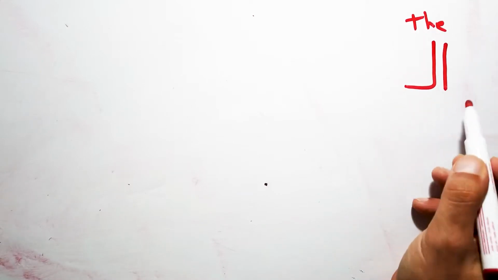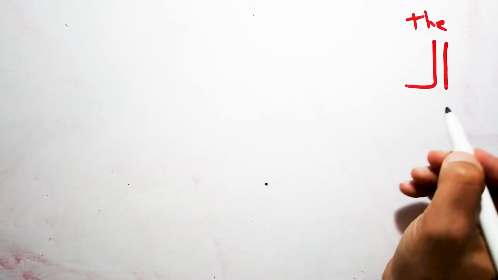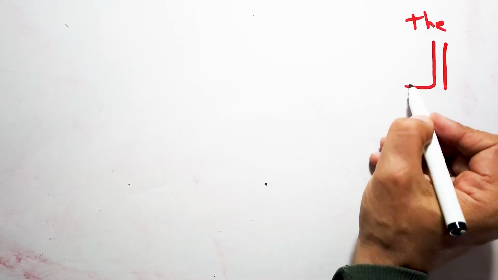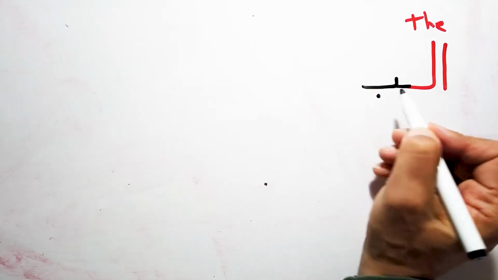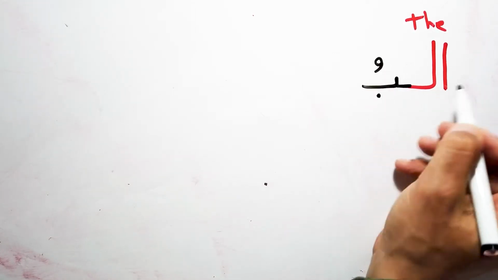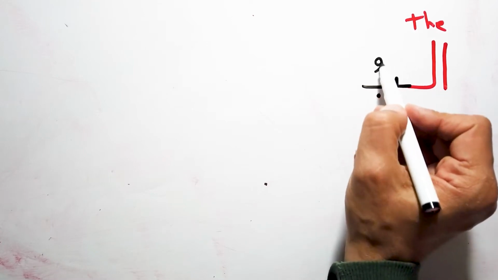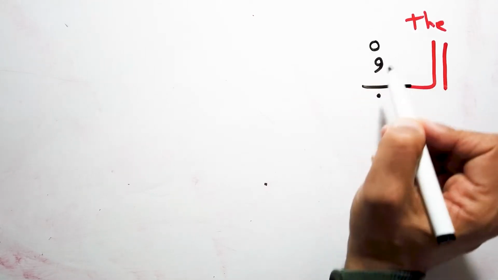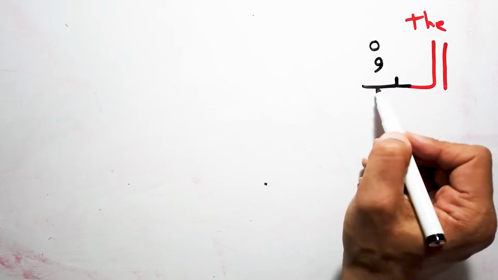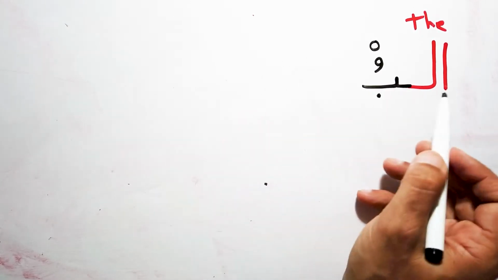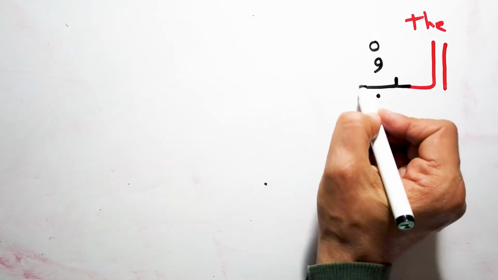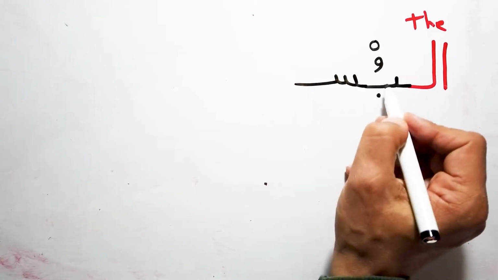Okay, so البو, بو, baa with a dhamma, bu. This mark sounds like O in English. البس.